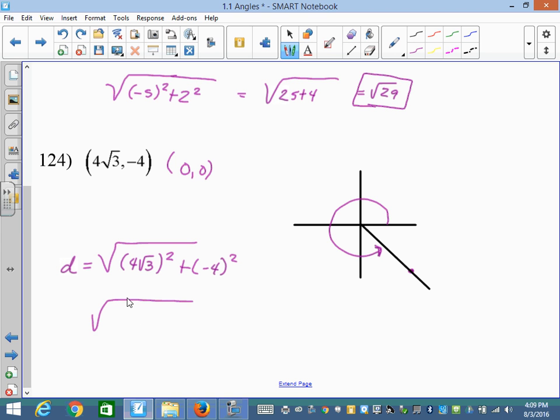So 4 squared is 16, so we get 16 times 3, because radical 3 squared is 3, plus, a negative times a negative gives you positive, so a positive 16. 16 times 3 is 48, so we get the square root of 48 plus 16, and we add those together and get the square root of 64, which you must clean up to be 8.